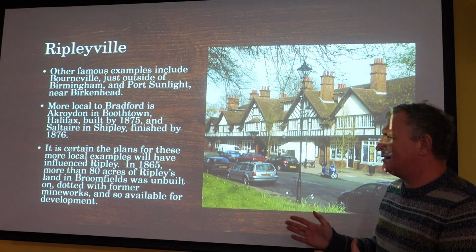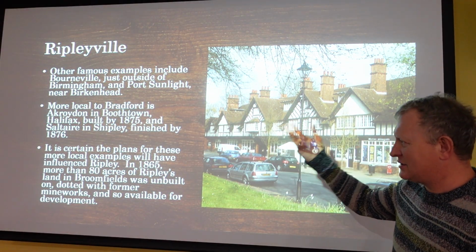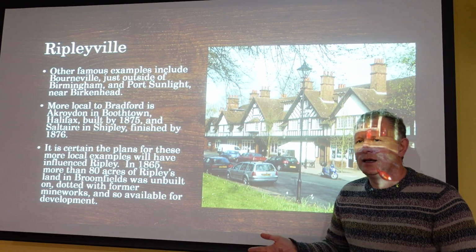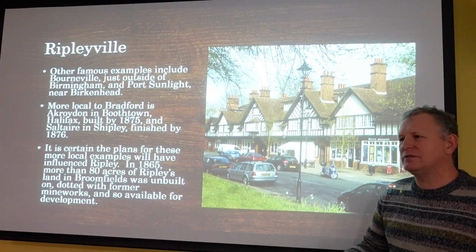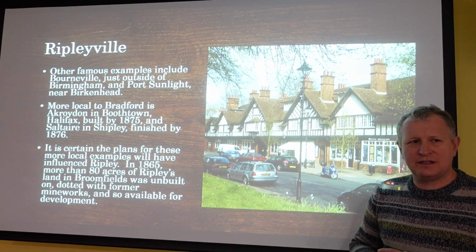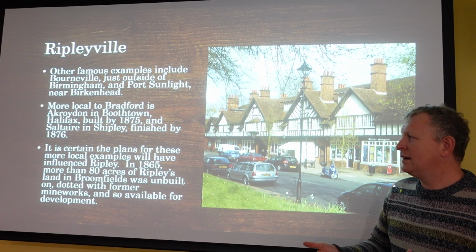It's certain that the plans for some of these places, like Saltaire and Akroydon, influenced Ripley. They may not have got off the ground at those points, but definitely these other industrialists will have been making it public what their intentions were.